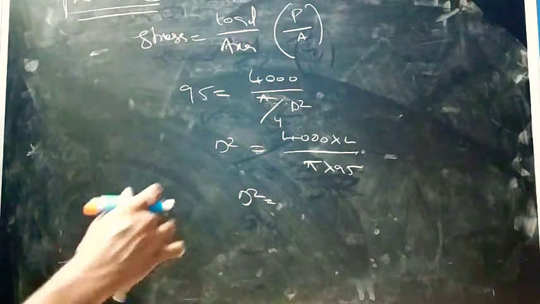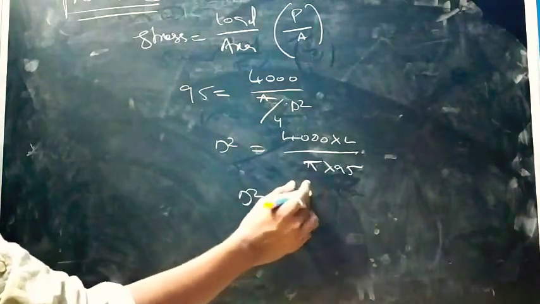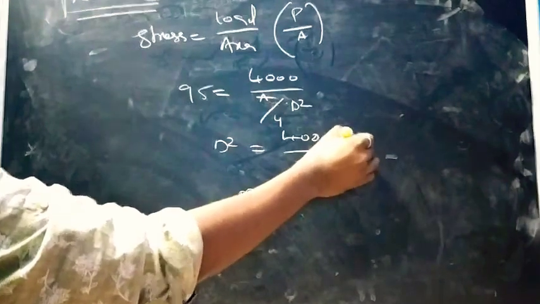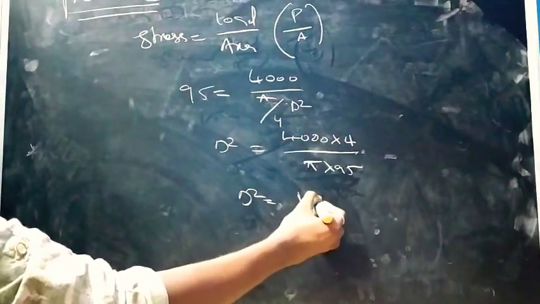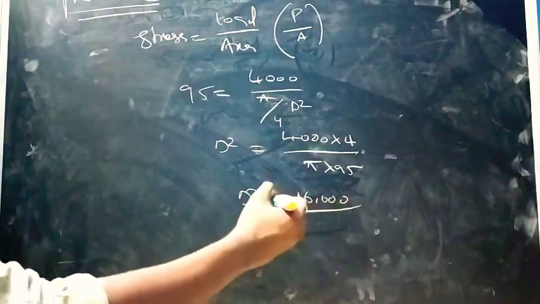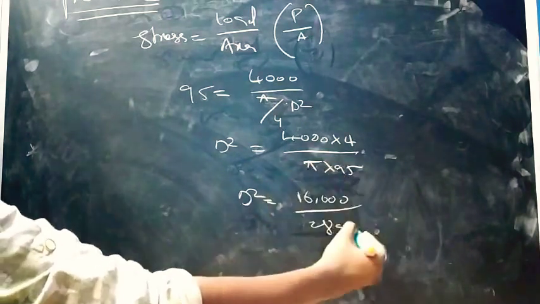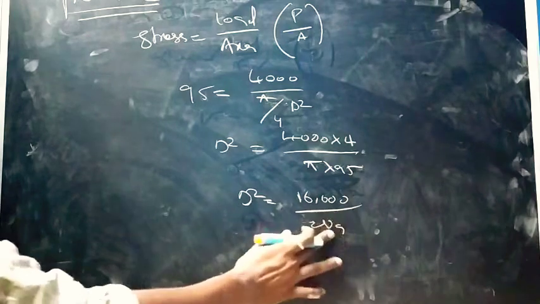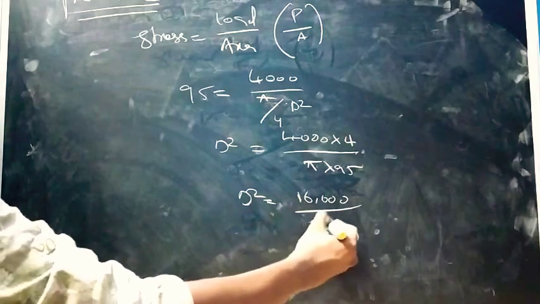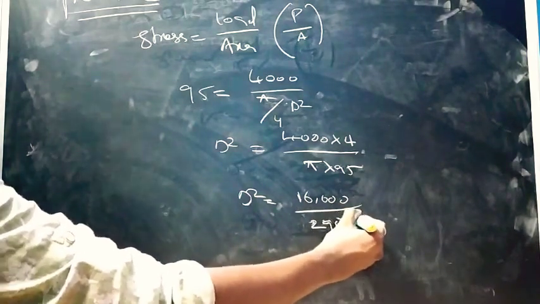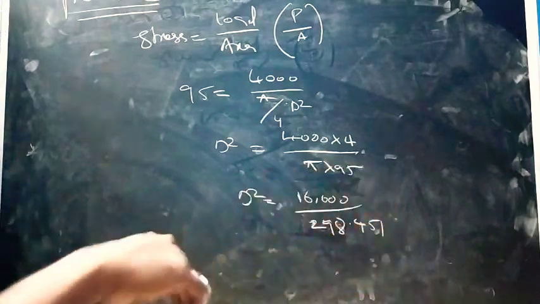You can get 16,000 upon pi into 95, which is 298.451.